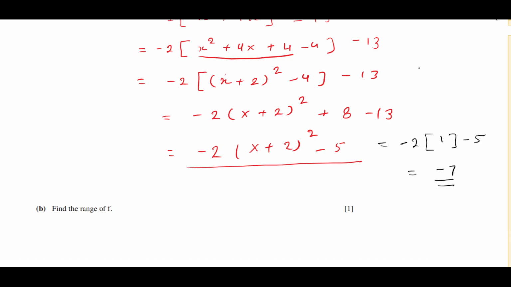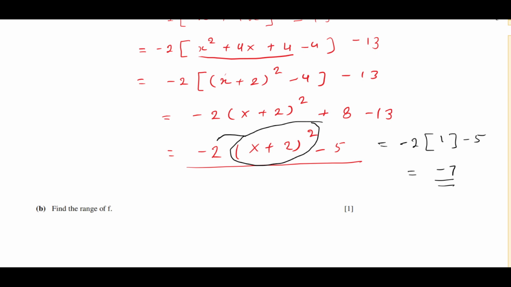You can do that, but this is a little simplified version. Now x plus 2 the whole square, I know that this is always going to be positive, and as it is multiplied by minus 2, this whole part is always going to be negative.